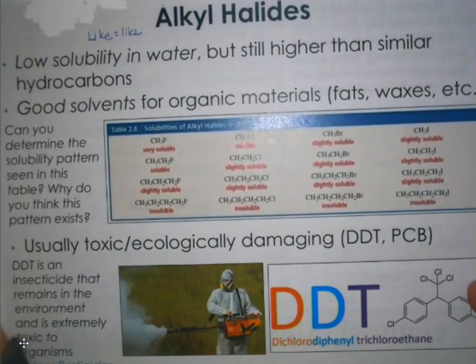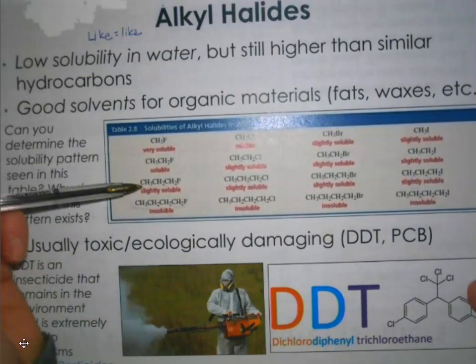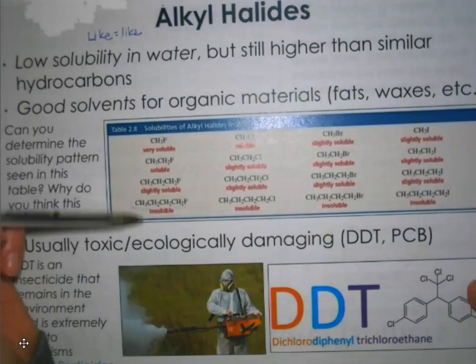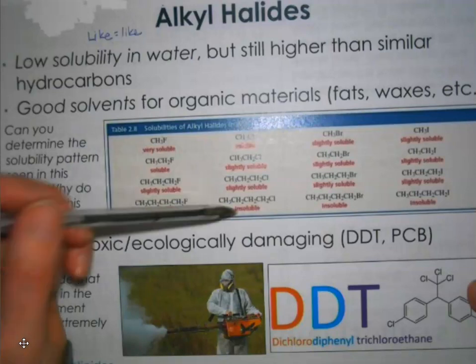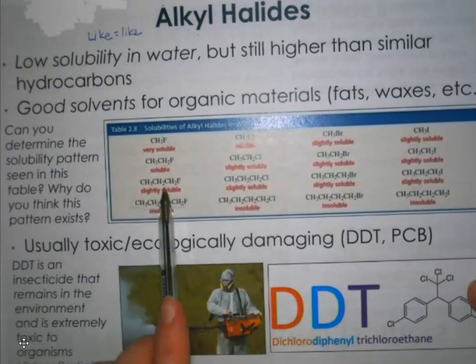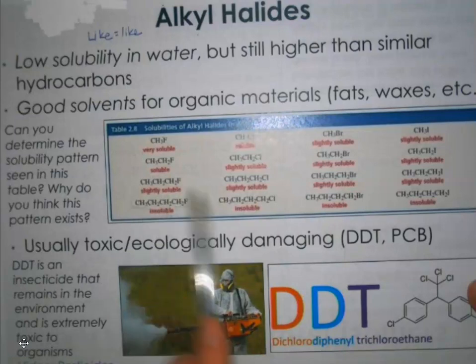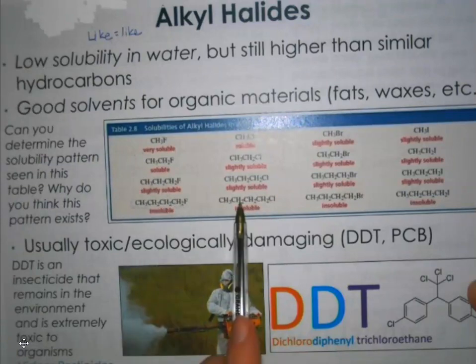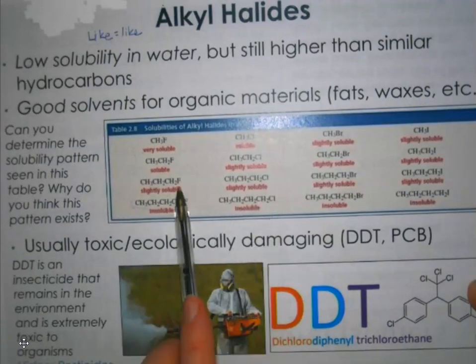If you were asked to compare on a test, you wouldn't be asked to choose between this one and this one, like which one would be more or less soluble, because this one has only 3 carbons and this one has 4 carbons, but there's a difference in fluorine and chlorine. That's a little bit complex.